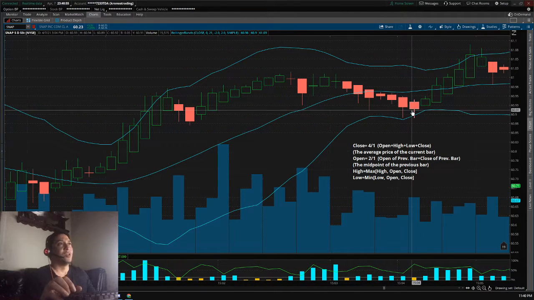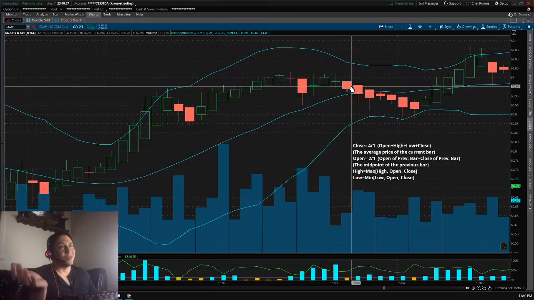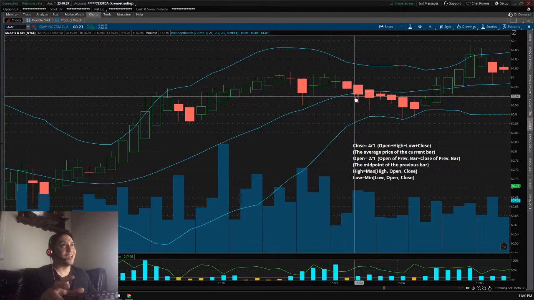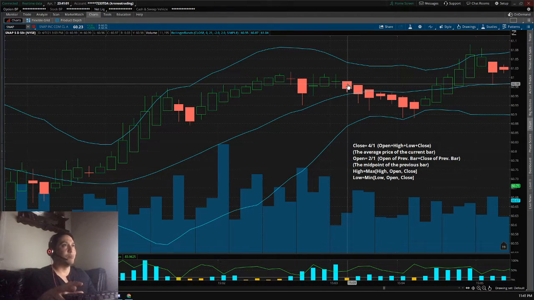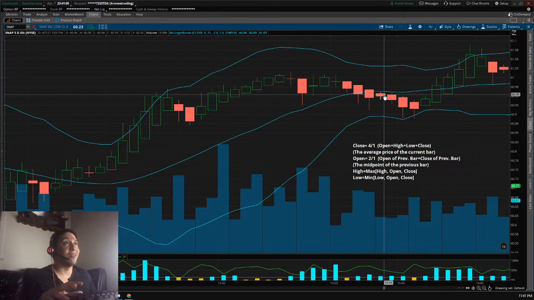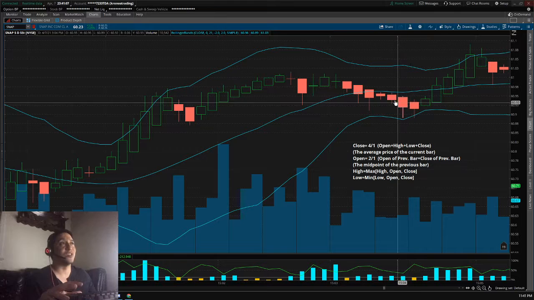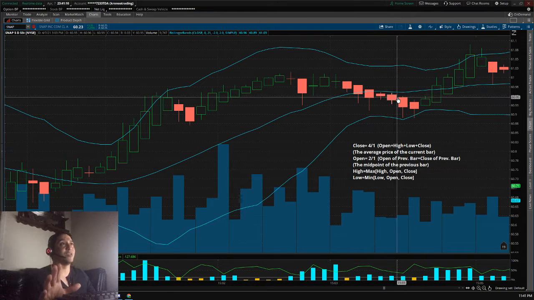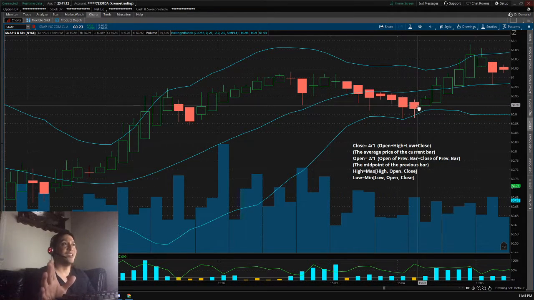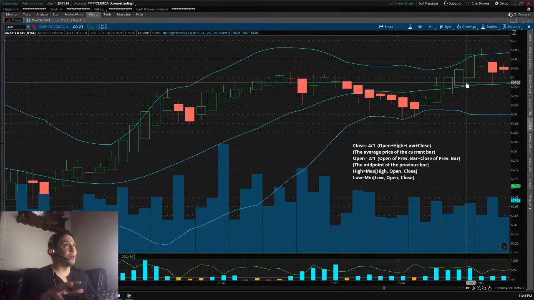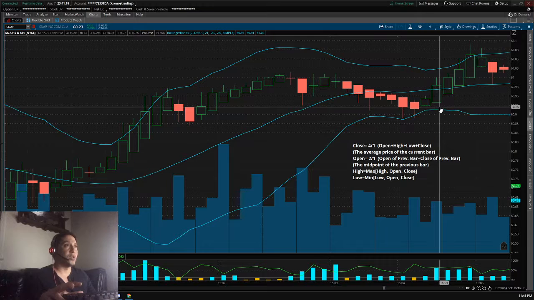And so that's the way that you read these: you just look at it and say, if it's a bearish trend, there shouldn't be any wicks on the top side, but if there are, it's most likely going to change directions if they're continuously printing red candles with wicks on the top side. And so then it does eventually go into a bullish trend, and it has no wicks on the bottom side.